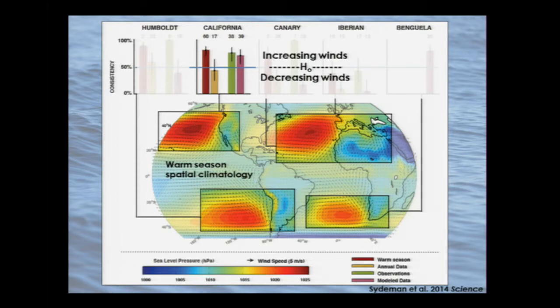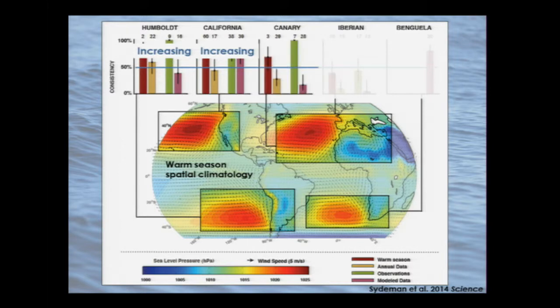And so in California, we can see we've got 3 bars that are high above that line, so we're going to say that this is consistent with the Bakun hypothesis, and upwelling favorable winds are increasing. In the Humboldt system, again, we've got bars above the line, so increasing winds. The Canary system is there. And what I want to point out here is we've got 1 bar way high above, but 1 bar below, and this is for the data type.